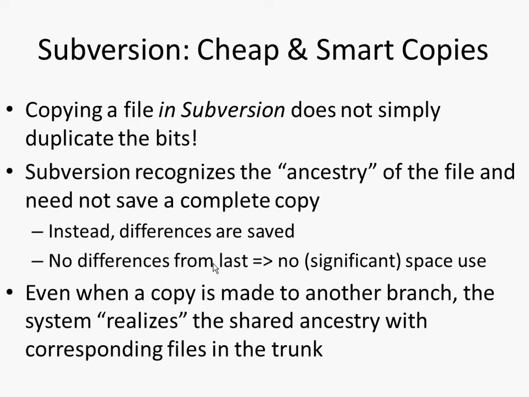Maybe I want to copy it over to a certain branch. Maybe I'll call it, well, because of space, I'll give it a short name, B1, and I'll copy the square root.c there. Okay. So now I have two conceptual copies of this, but it knows that the result that's copied to originated with this guy here.